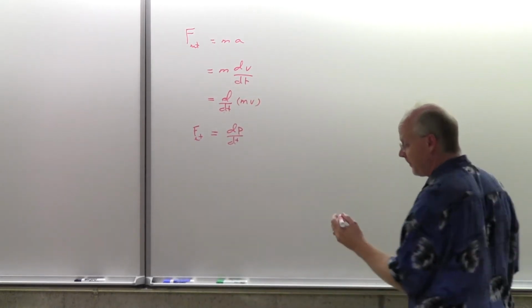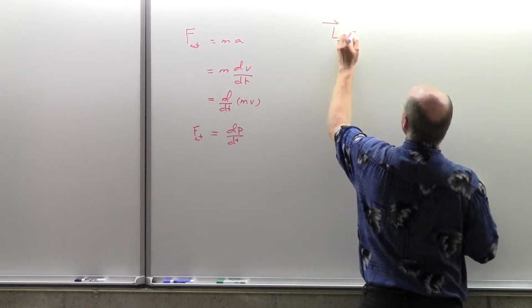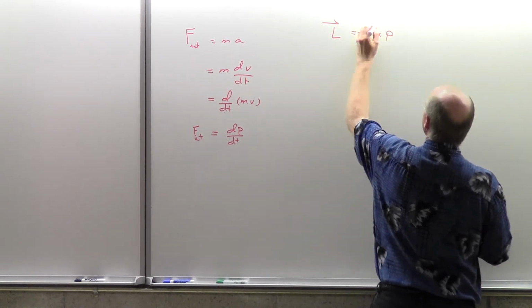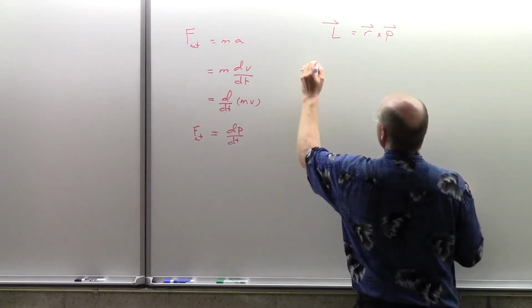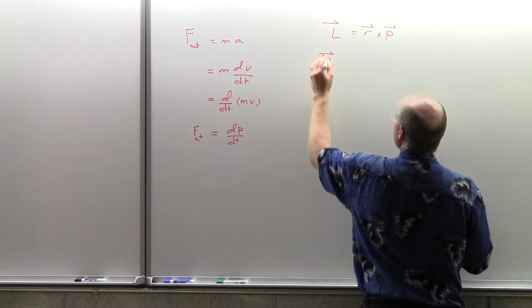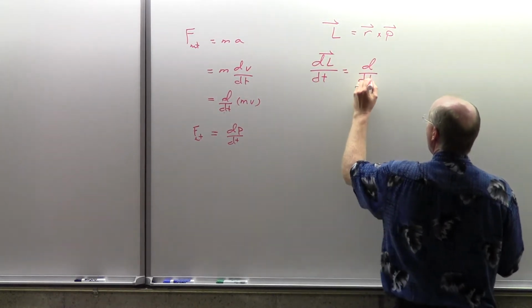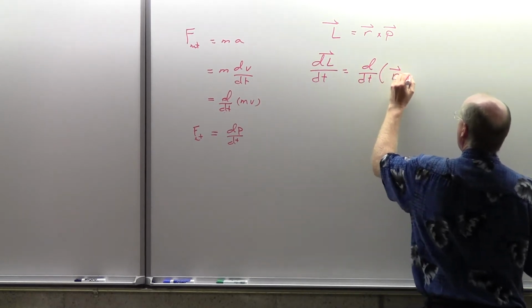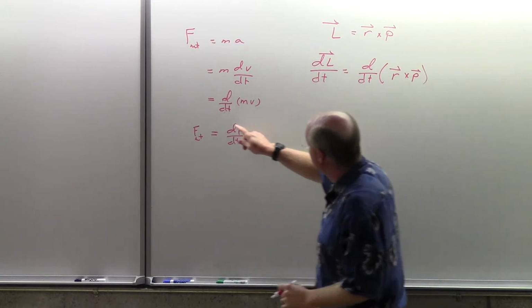Let me start with the idea that angular momentum equals r cross p. And now let me take the derivative with respect to time. And you can hopefully see why I'm doing that.